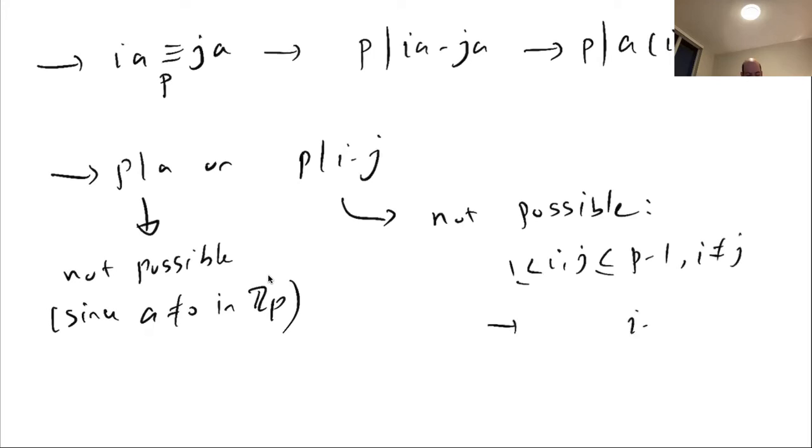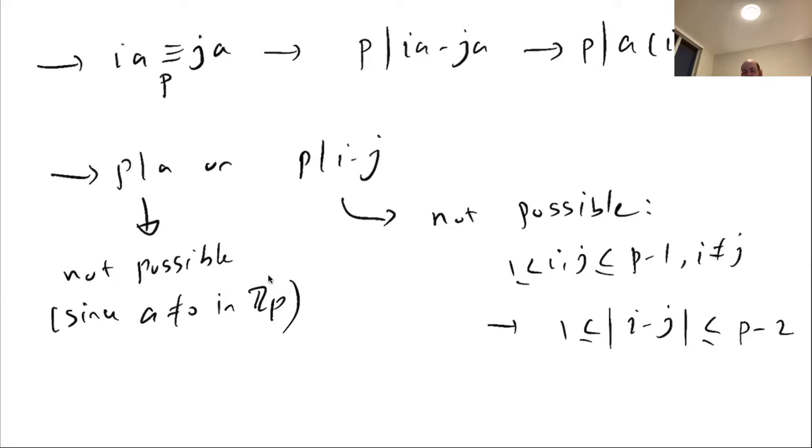So i minus j, in absolute value, is bigger than or equal to 1 and less than or equal to p minus 2. So if you subtract two numbers, both between 1 and p minus 1, and they are not equal to each other, you get a number which is at least 1 and at most p minus 2.